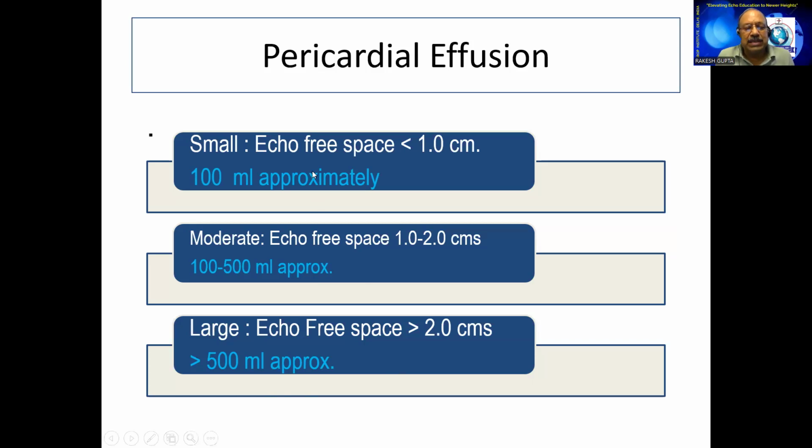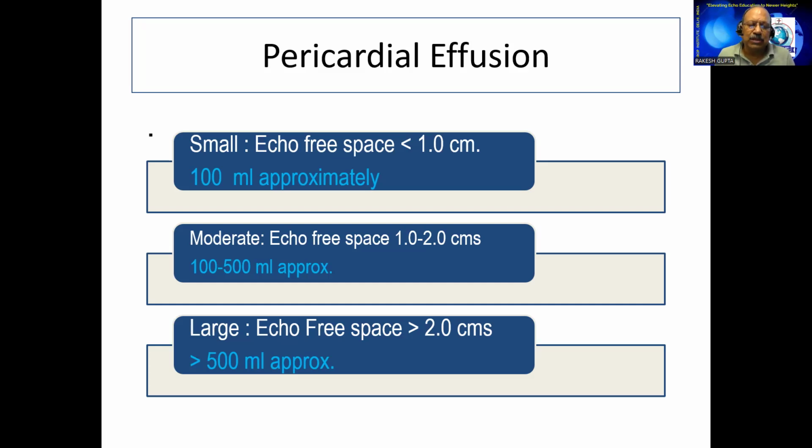But the important thing is the amount of fluid which collects gives rise to pericardial effusion. But at the same time, the speed at which it collects gives rise to pericardial tamponade. What does it mean by what I said?